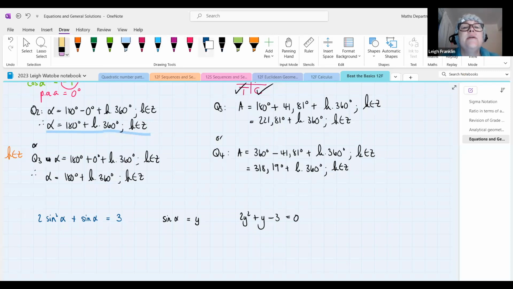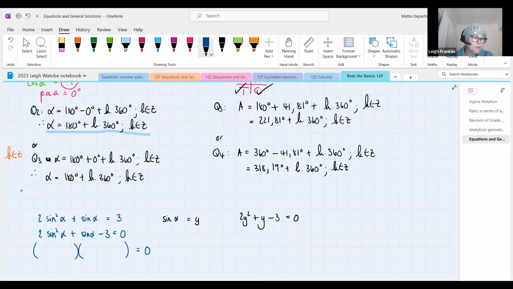Okay, so let's get it into standard form first of all. We've got 2 sine squared alpha plus sine alpha minus 3 equals 0. So now we've got to factorize. When we factorize trinomials, we know that we need 2 brackets.